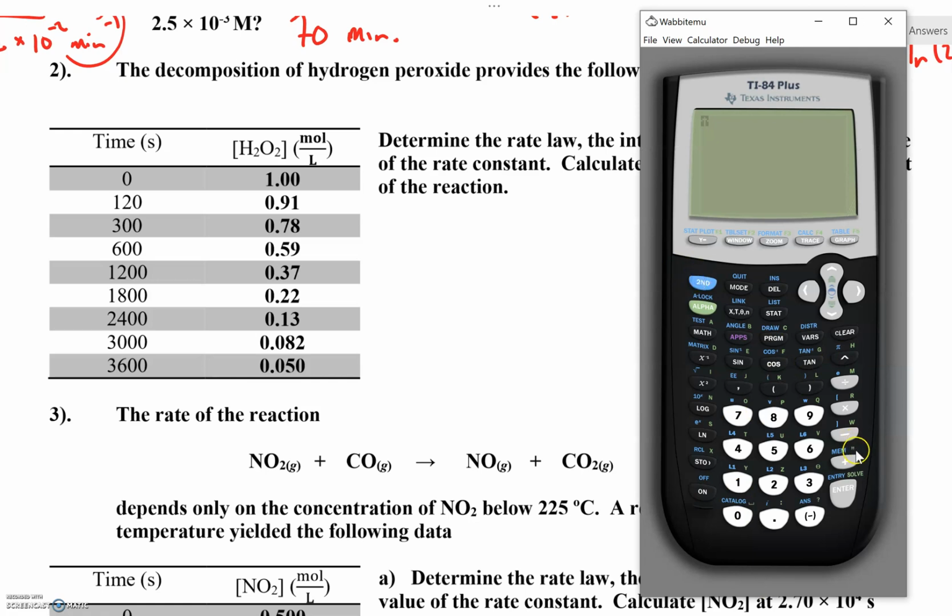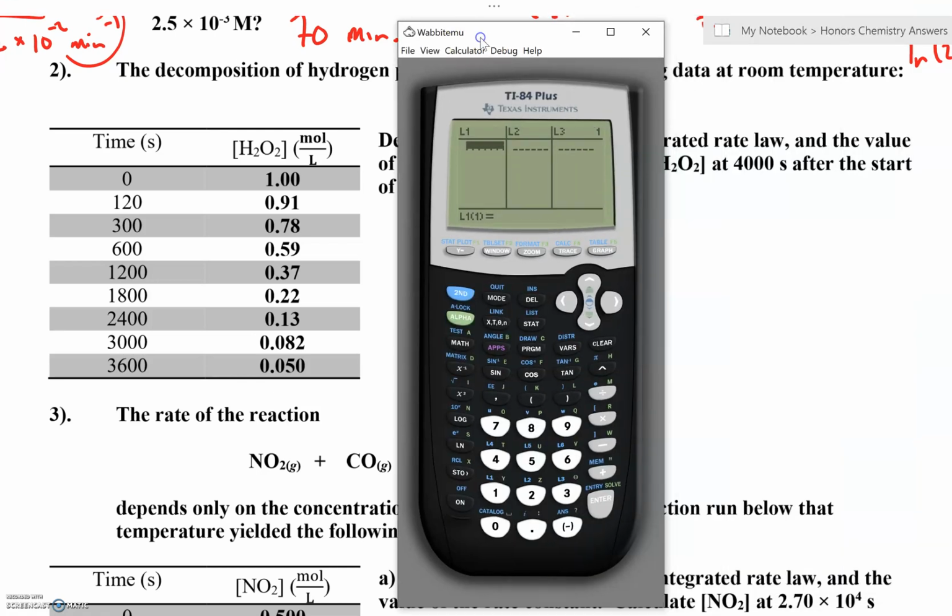It's a good idea to clear the memory. So I'm going to clear all these lists, and that way I know that I don't have anything in my data. So bring this a little closer.